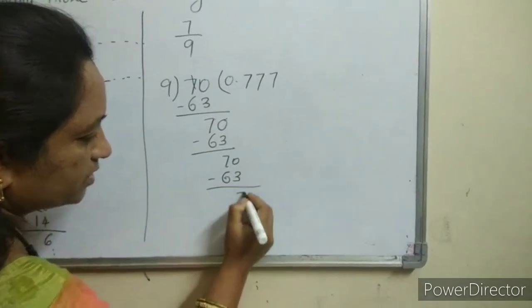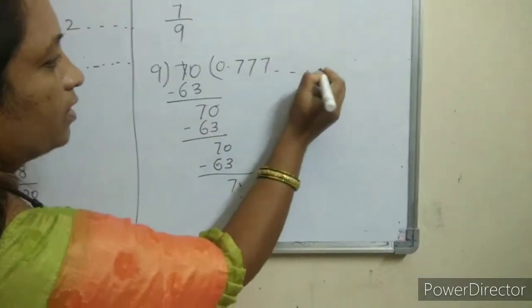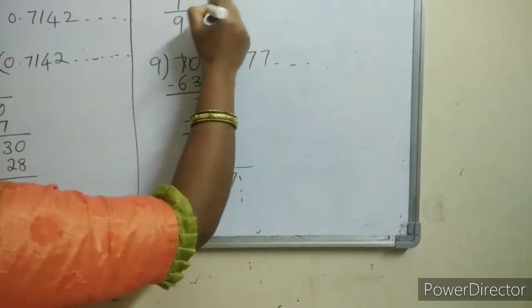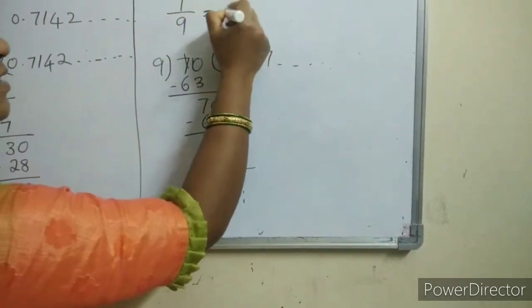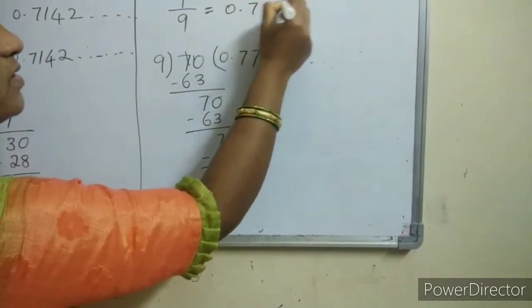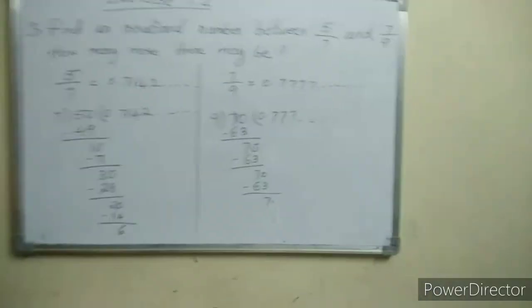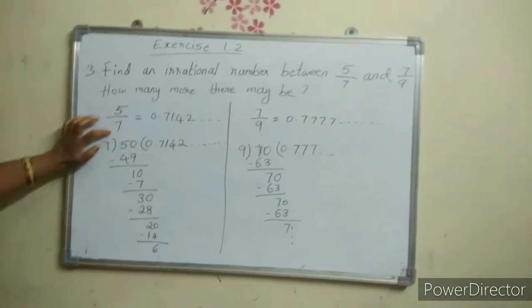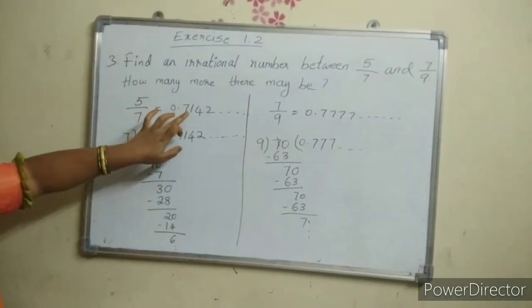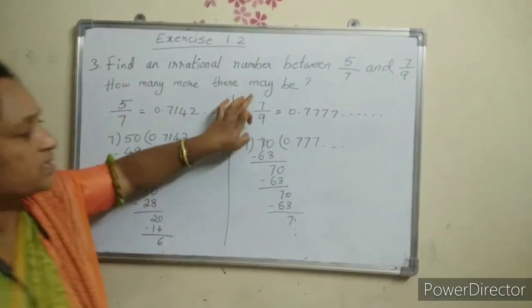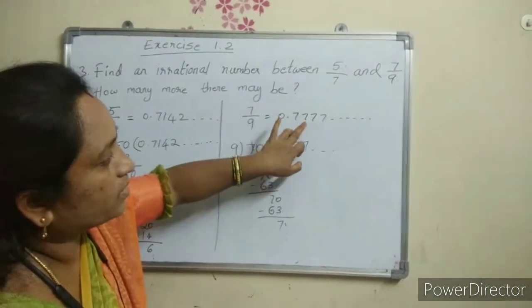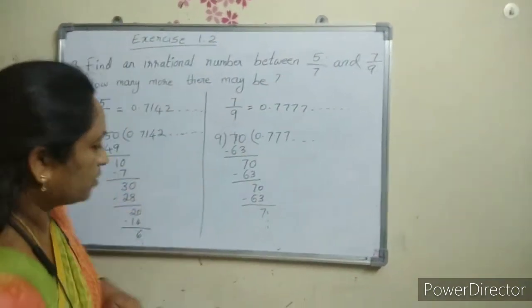So this process is continuing. So this is non-terminating recurring. This is 0.777 and so on. So here 5 by 7 is equal to 0.7142 and so on, and 7 by 9 is equal to 0.7777 and so on.